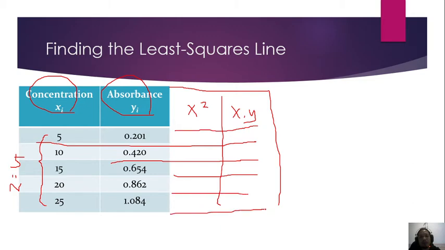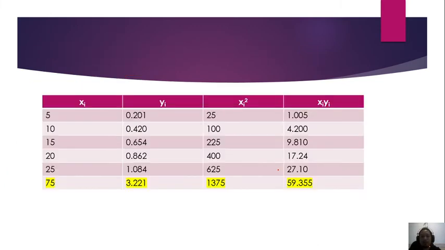And then the last one adalah kamu perlu dapatkan the sum of, the total value for X, and then dapatkan total value for Y, and then total value for X kuasa 2, dan the last one is the total value, the sum of X, Y. Okay, kamu akan dapat data seperti gambar rajah ini, di mana dapat diperhatikan 5 kuasa 2 adalah 25 dan seterusnya, dan ada the sum of every variable.